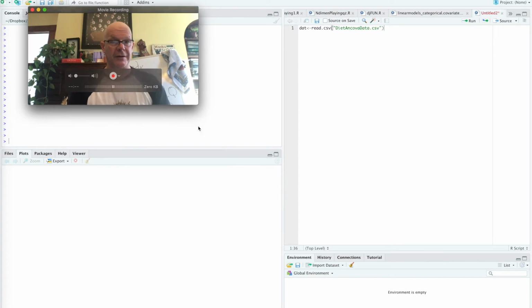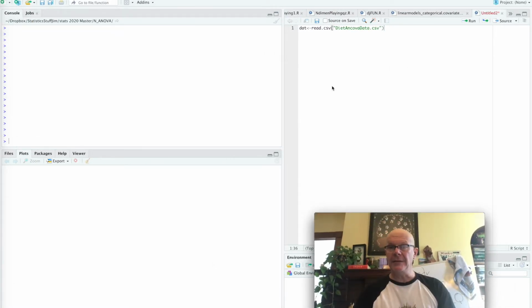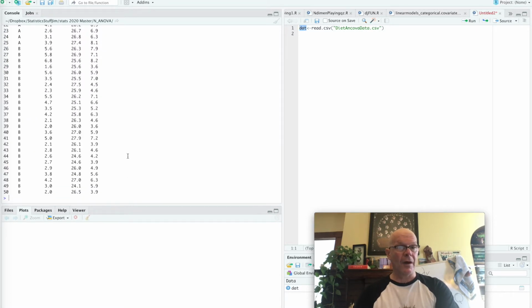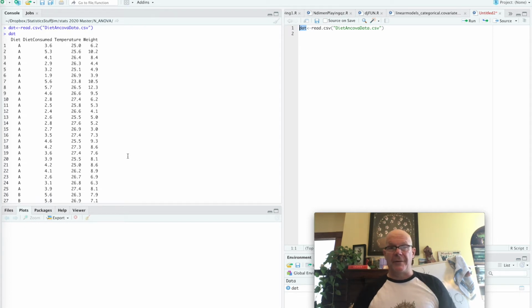So let's take a look here real quick. I'm going to read in some data that we all have to play with called diet ANCOVA data, and let's take a look at what these data are. These data are done with caterpillars, no surprise, because Jim likes caterpillars, so he happens to have that type of data. Here we have caterpillar weights after 2 days of feeding on a particular diet.